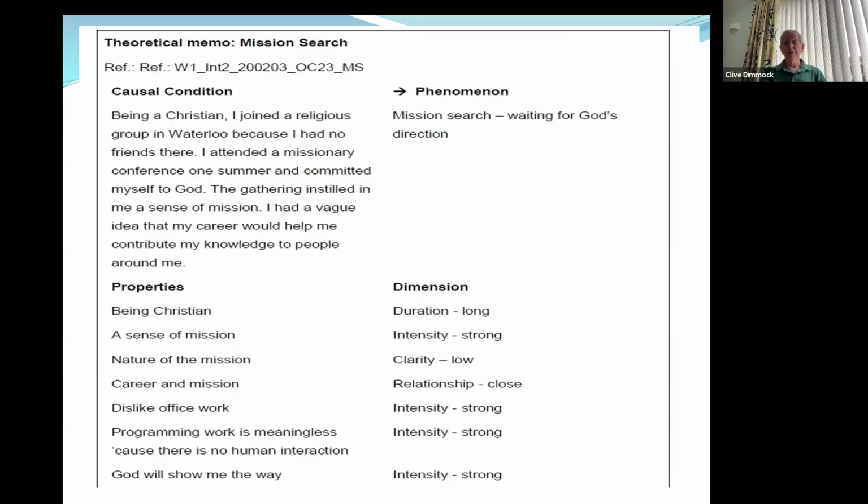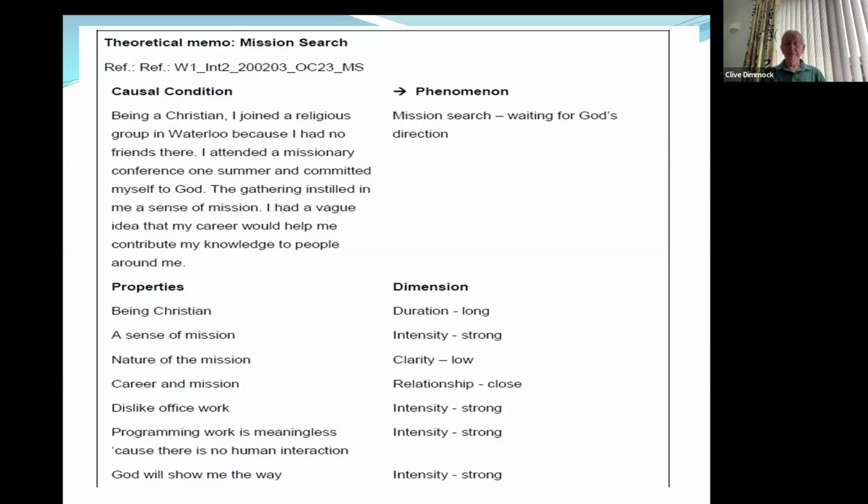So these are examples of the phenomenon and the properties and dimensions that she came up with. As an example, she became a Christian. She associates becoming a Christian with a lot of her career success. It gives her a sense of mission, a sense of what she likes and dislikes, a sense of strength, because God, she regards, is going to be with her through her journey.